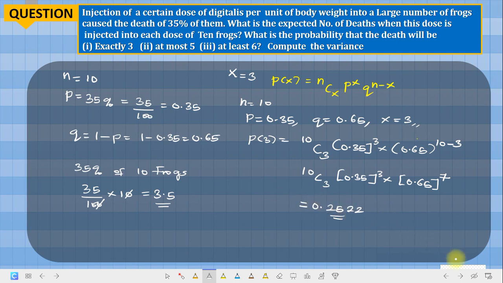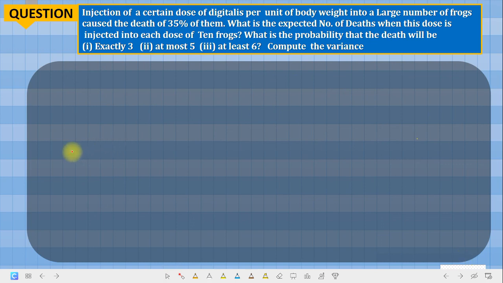Let's solve that. The probability that at most 5 will die, which we can write as P of at most 5, will be equal to, what do we do?